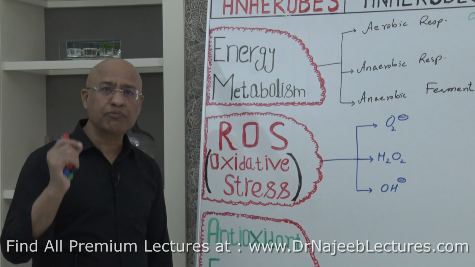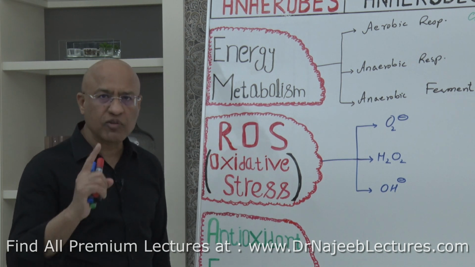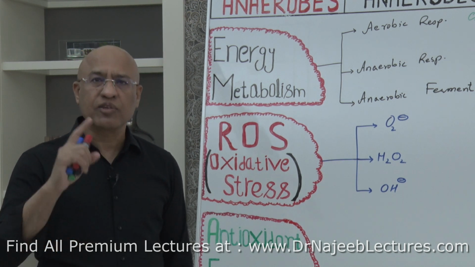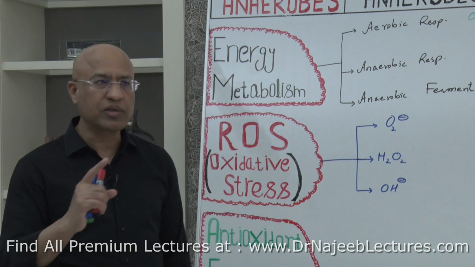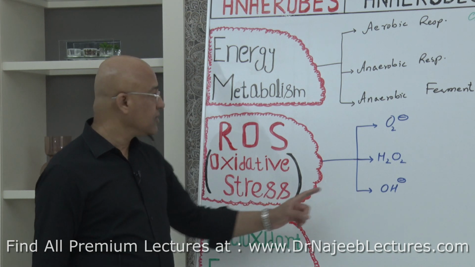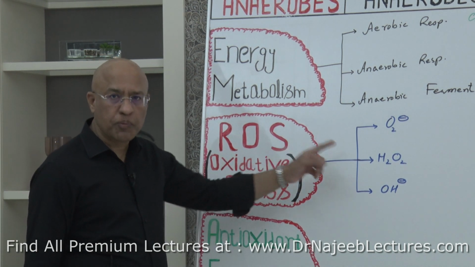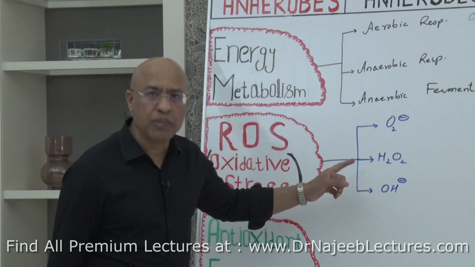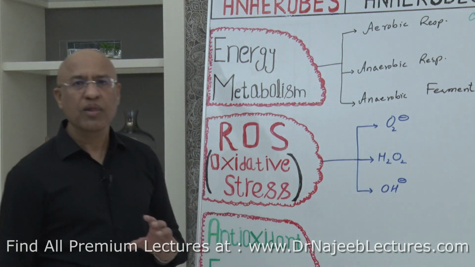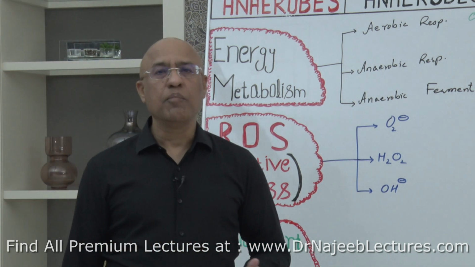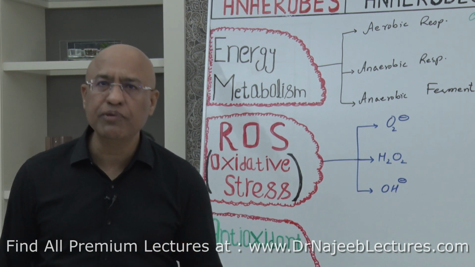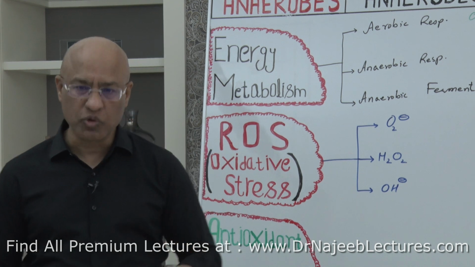If bacteria have to survive and multiply effectively in the presence of oxygen, they must have a mechanism by which they continuously destroy these reactive oxygen species to protect their own macromolecules from oxidative stress. And yes, those bacteria which are aerobic, which can multiply in the presence of oxygen, do have defenses, right? What are those defenses?